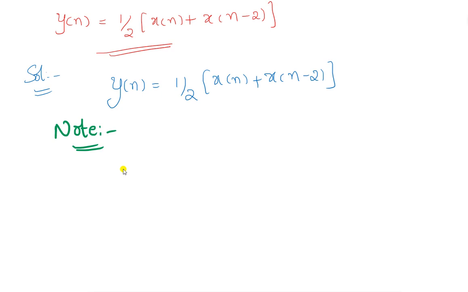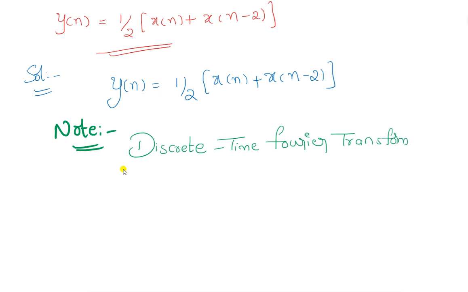So, the discrete time Fourier transform pair, which is given by X of e to the power of j omega, which is equal to sigma n equals minus infinity to infinity x of n into e to the power of minus j omega n.